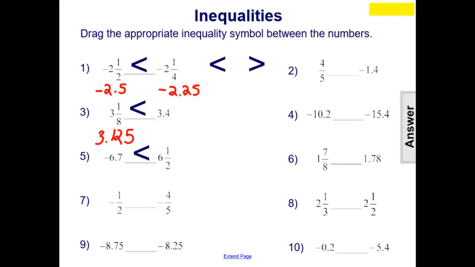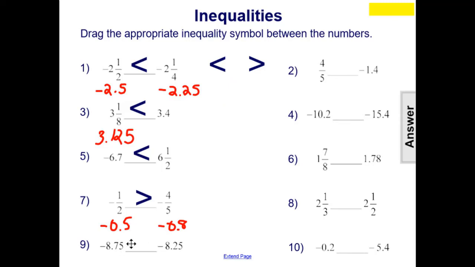Here, negative 1/2 is the same as negative 0.5. 4 divided by 5, or negative 4/5, is negative 0.8, which is farther away from 0, so negative 1/2 is going to be greater than negative 4/5.